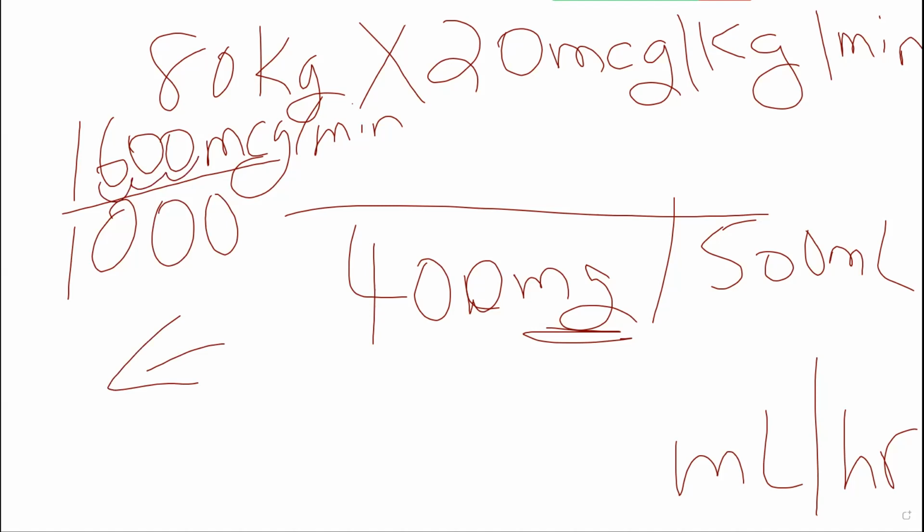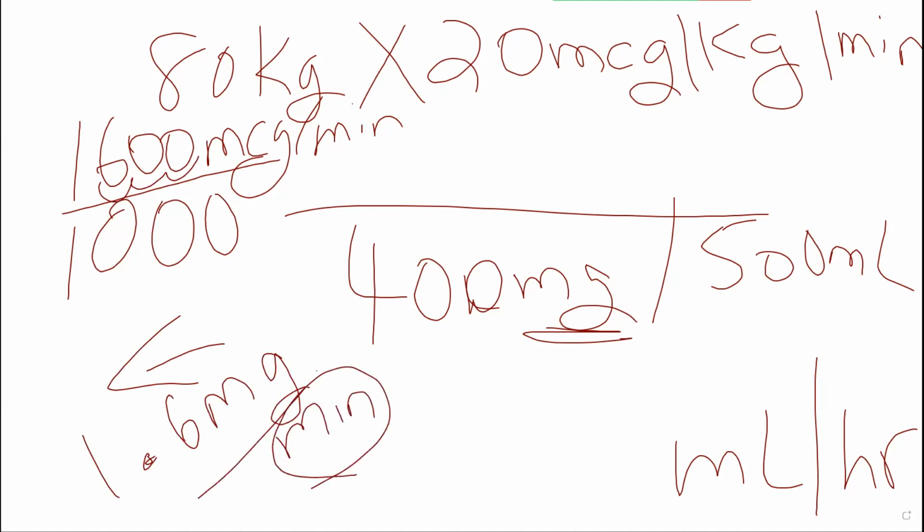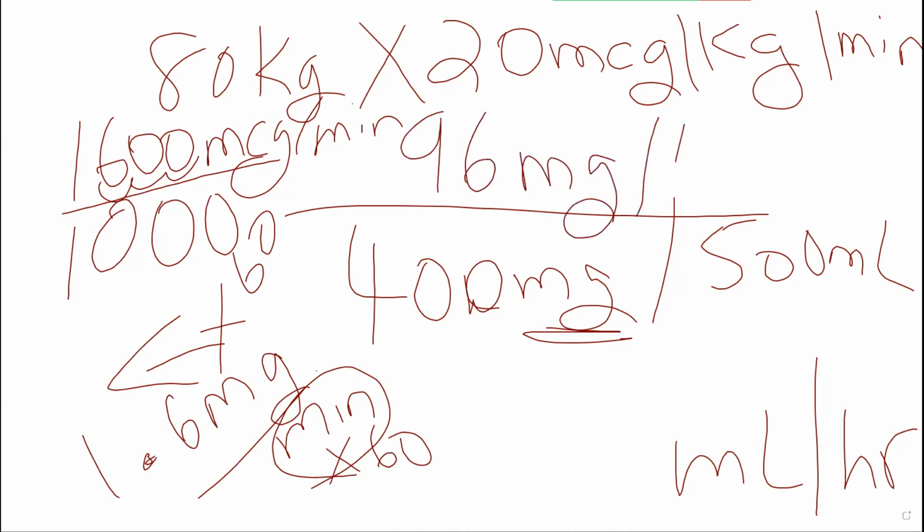Is that correct? Yes. So I have 1.6 milligrams per minute. Okay. I need to get this to an hour. So I do that by multiplying by 60. I also need to multiply my 1.6 times 60. That should give me 96 milligrams per hour now.